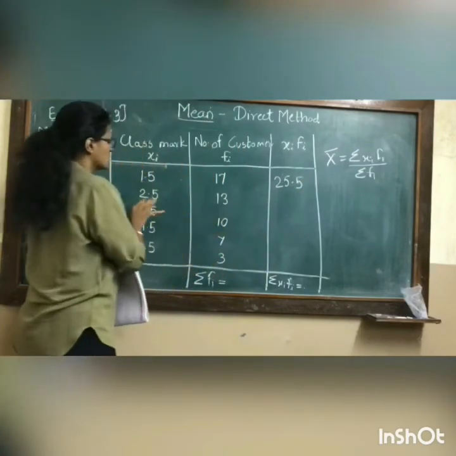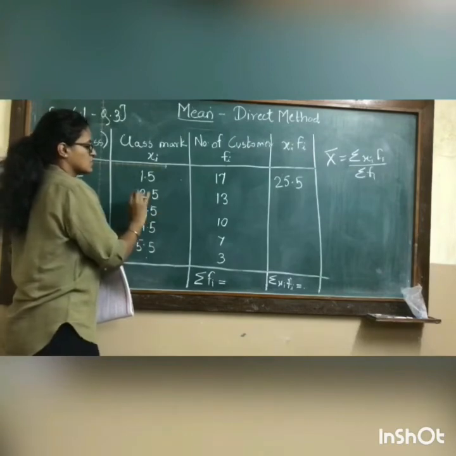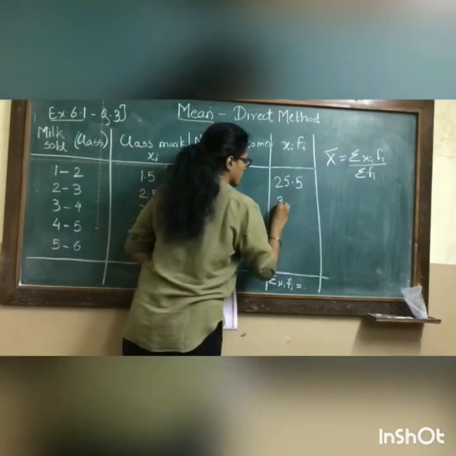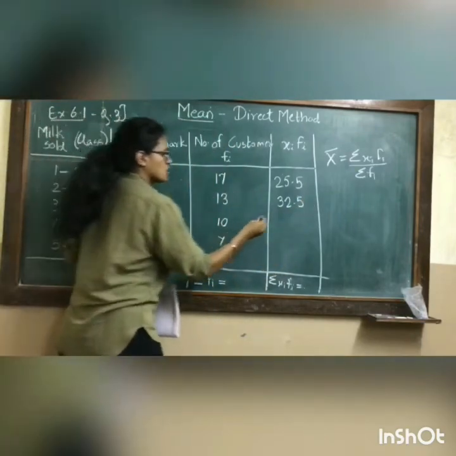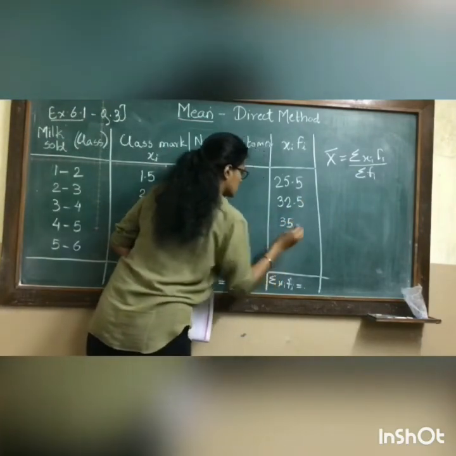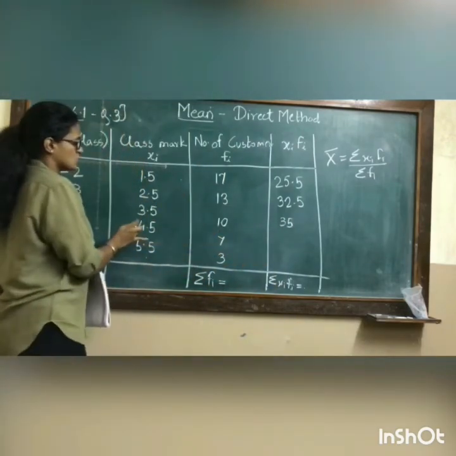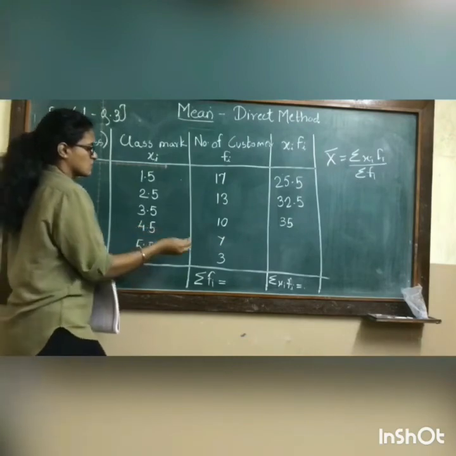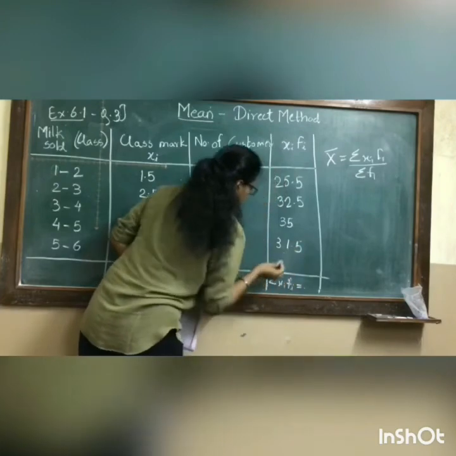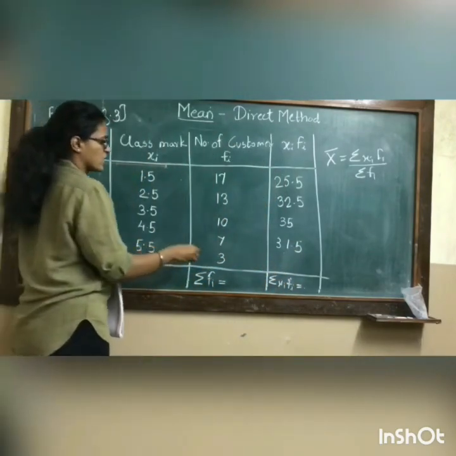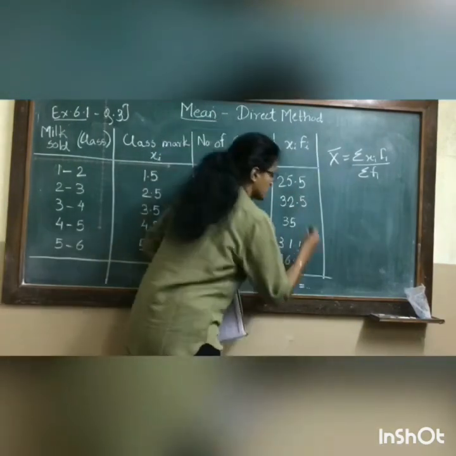Next is 13 into 2.5, 26 plus 6.5 is 32.5. 3.5 into 10 is 35. 4.5 into 7 is 31.5, and 5.5 into 3 is 16.5.